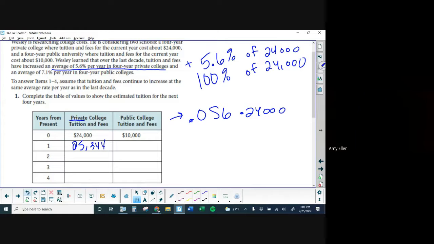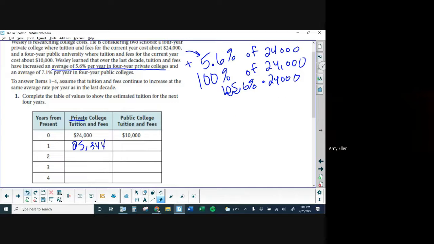So instead of doing this separately and then adding it to the 24,000, if I have 100% and 5.6%, I have 105.6% of, which means times, the previous year. Does that make sense? Move the decimal 2 times. That's where we get our 1.056. Now it's 1 step. You multiply by one number, 1.056, and you get that number.